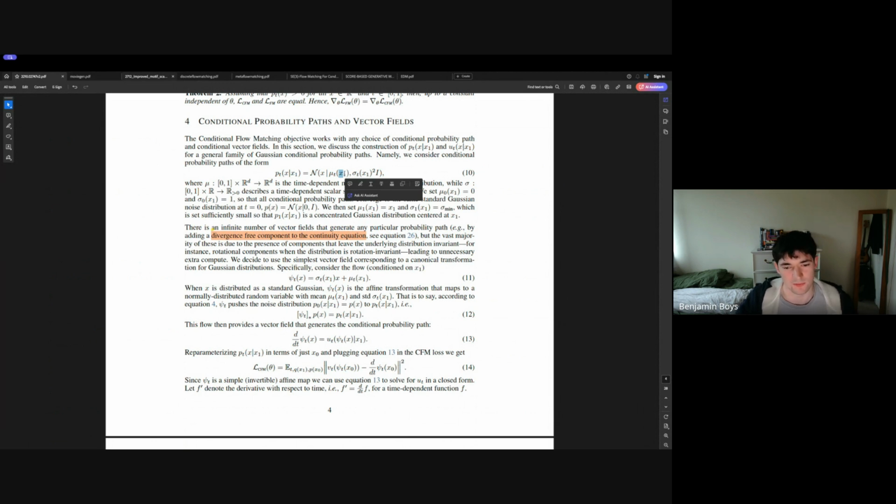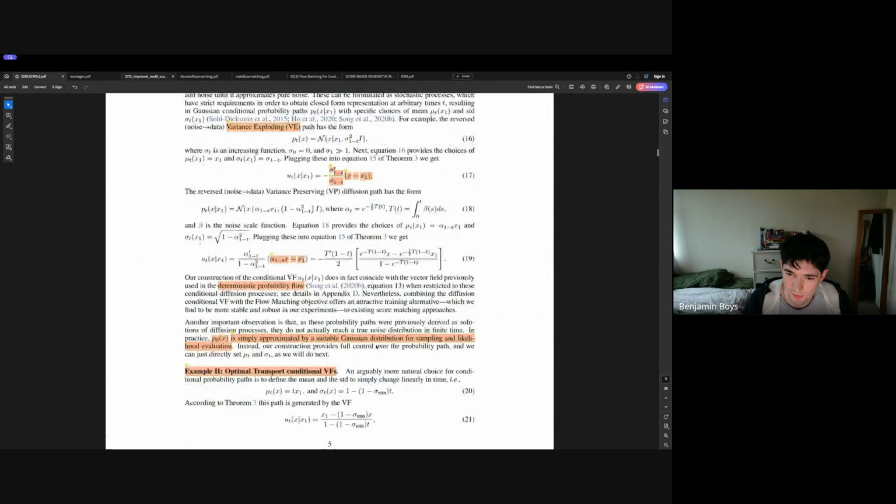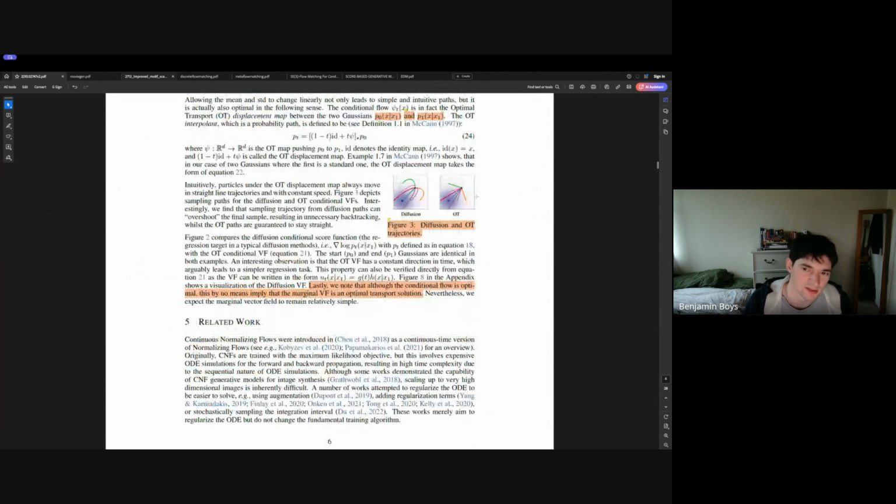And then in terms of using different paths and exploring the space of different paths, while this is like conditional optimal transport in that these lines are straight, this paper isn't saying that they have found the optimal trajectories.